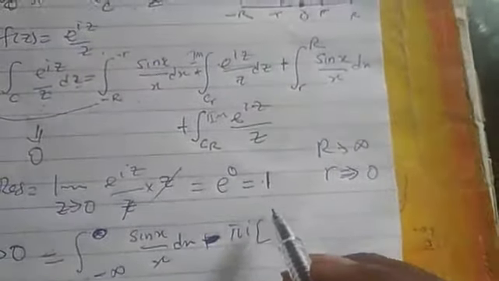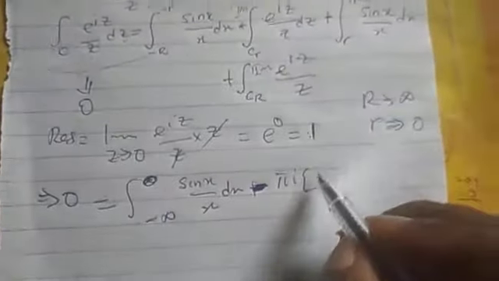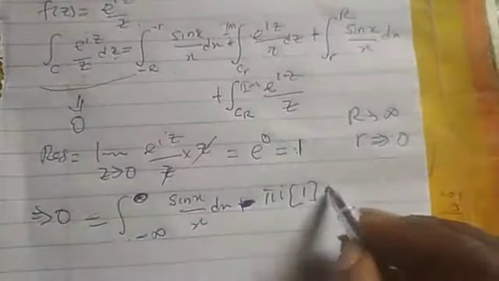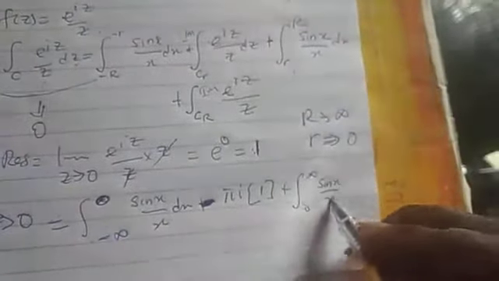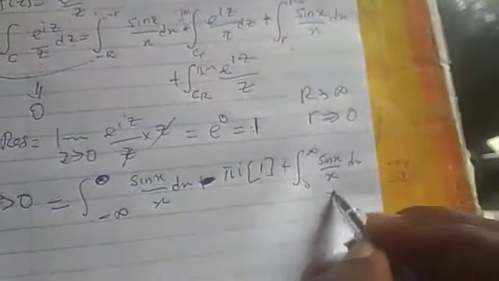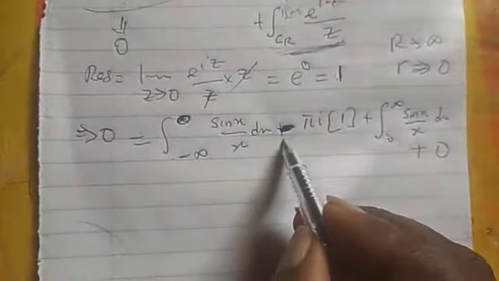The residue here that we got is 1, plus, for this one, 0 to infinity of sin x over x dx, plus this last one. This is Jordan's lemma. We have proved Jordan's lemma, so this is 0.